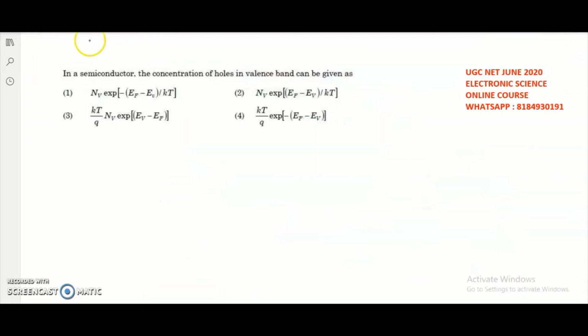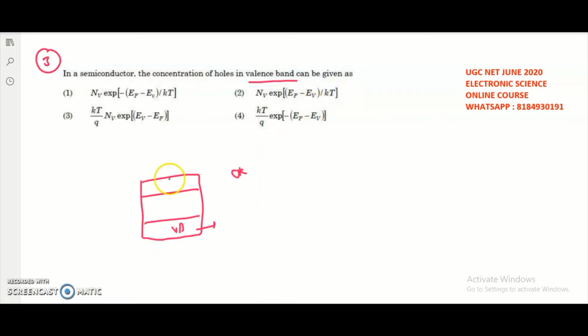Now coming to the third question: in a semiconductor, the concentration of holes in the valency band can be given as. Actually we need not obtain the derivations for this one. You have to remember the standard equations. If you consider any energy band diagram, it has the valency band, conduction band and forbidden energy band gap. Based upon the temperature, for example if you take a semiconductor at 0 kelvin, we will have a filled valency band and an empty conduction band.